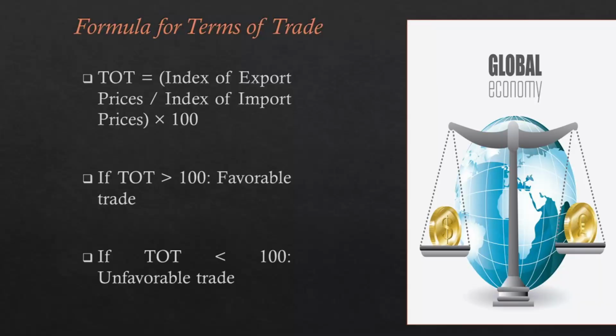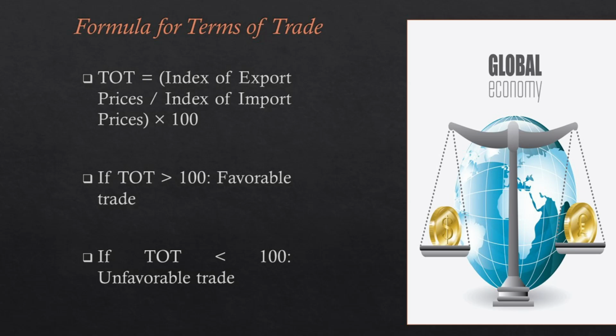Have you wondered what the terms of trade reveals about the country's economic position? Let's dive into the numbers and see what happens when a country's terms of trade fall below 100, reach 100 or go above 100. When the terms of trade are below 100, the situation is not favorable for the country.